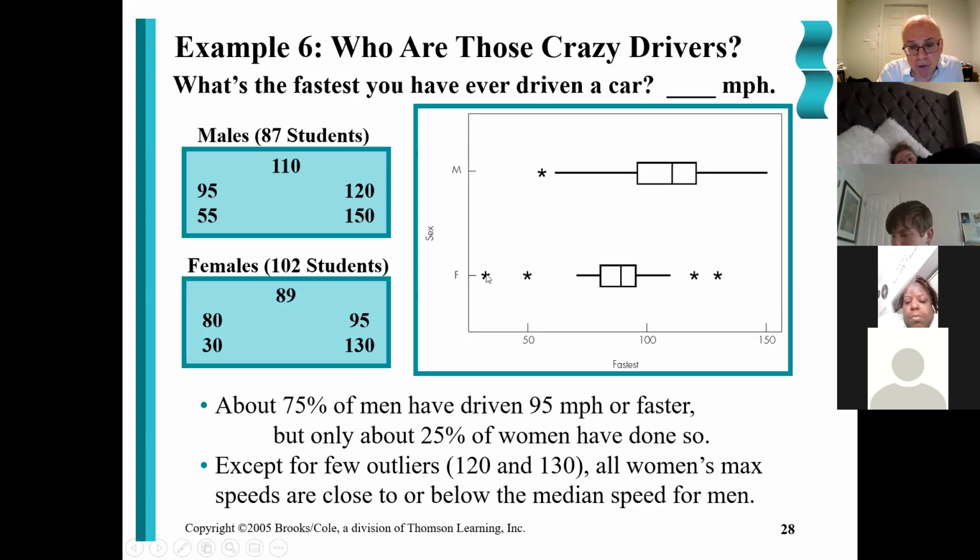Same thing down here. 25% from the smallest to the lower quartile, 25% from the lower quartile to the median, 25% from the median to the upper quartile, 25% from the upper quartile to the maximum. Okay.